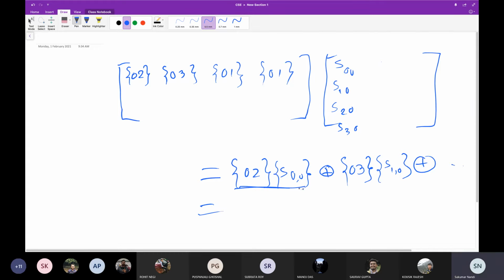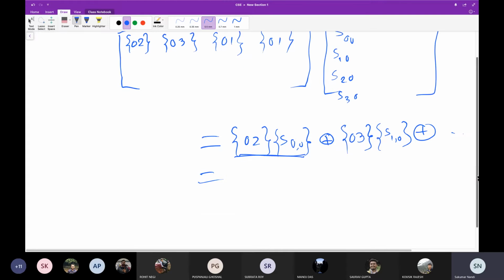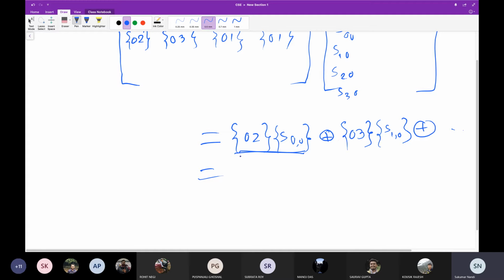These multiplications are in GF(2^8) algebra, and the same modulo equation will be used. So please remember, this is multiplication in GF(2^8) algebra, and then we will get one byte, then another byte, and another byte, and the last one will be another byte, and finally we will get the result. So this is mixed column.